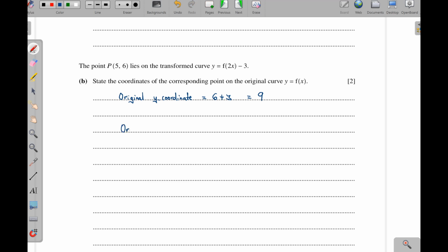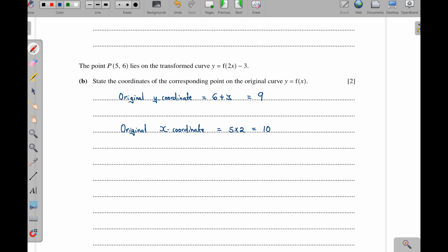Then how about the original x coordinate? The original x coordinate is actually this 5 times 2, because there is 2 here. So this one will give us 10.